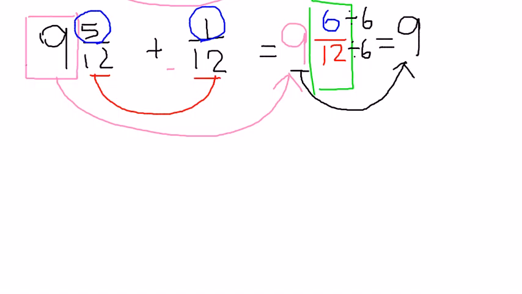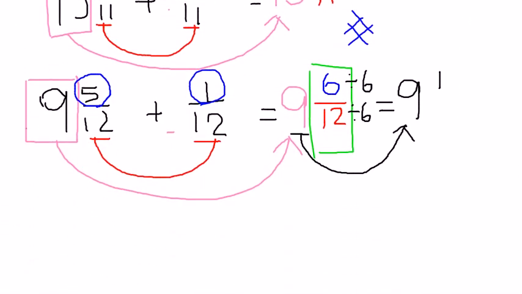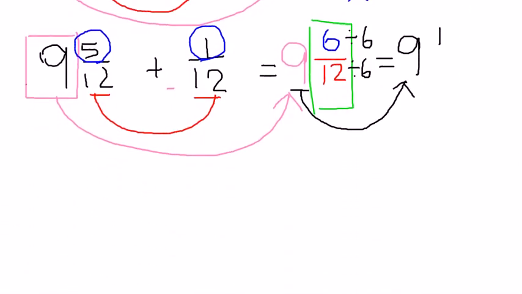Then you simplify your fraction. 6 divided by 6 will give me 1, and 12 divided by 6 will be 2. Yep. So this is my final answer. 9 whole 1/2.